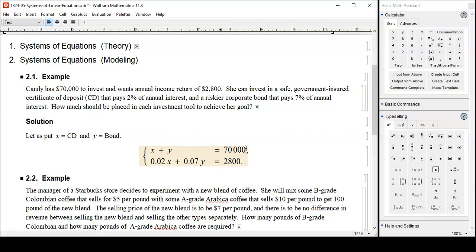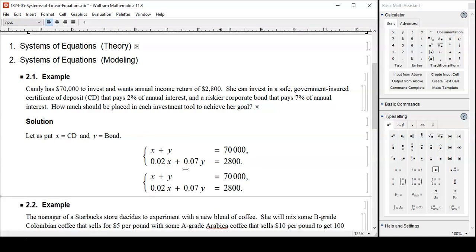So we get the sum and we get the yield. So what do we have? We have a system of linear equations to solve. And let's see, the second equation here is too complicated with all those decimals. So I'd like to simplify it by multiplying 100 to each term.